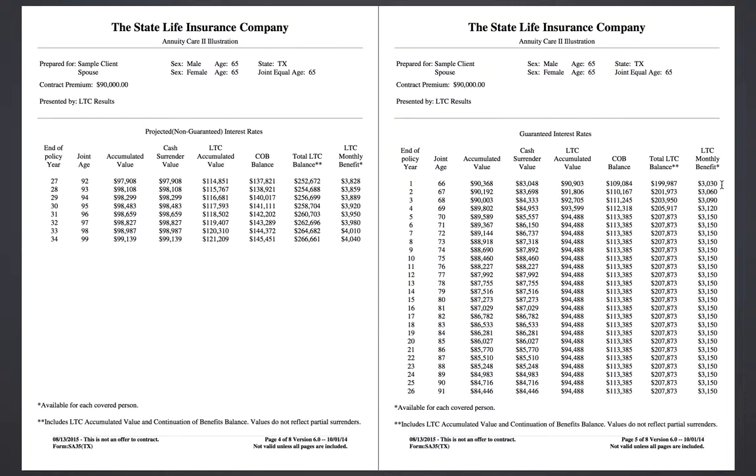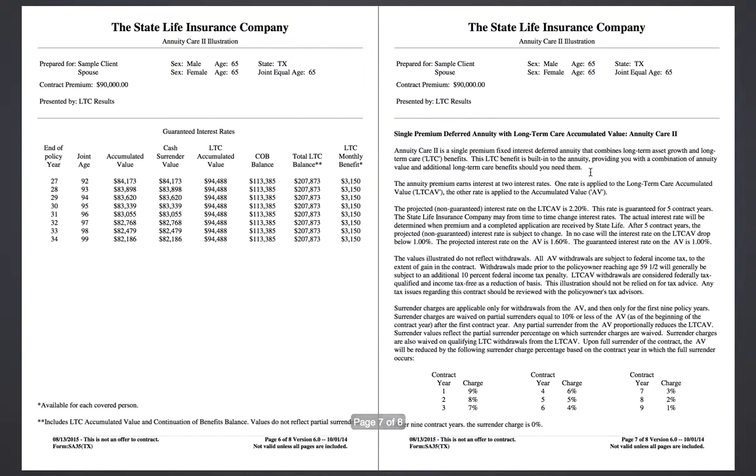You can see that the first month it would pay out at $3,030, and when you get out into year 6, it would start paying out at $3,150 a month. Once again, that's not an inflated value, it's due to the interest earnings on the long-term care accumulated fund balance.